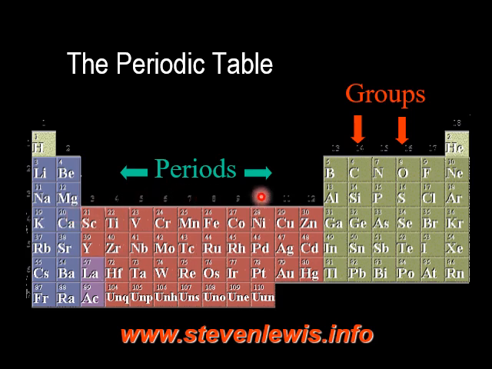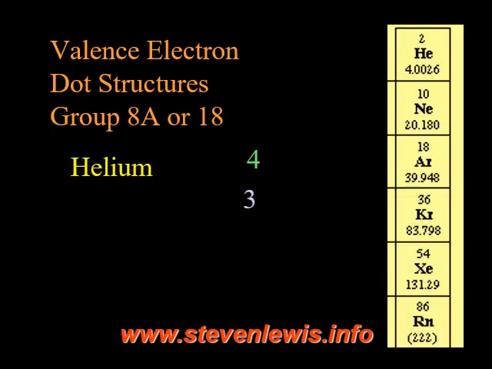Let's look at group 8A, the group on the far right, the group that contains helium, neon, argon, krypton, xenon, and so forth. The simplest member of group 8 is helium.